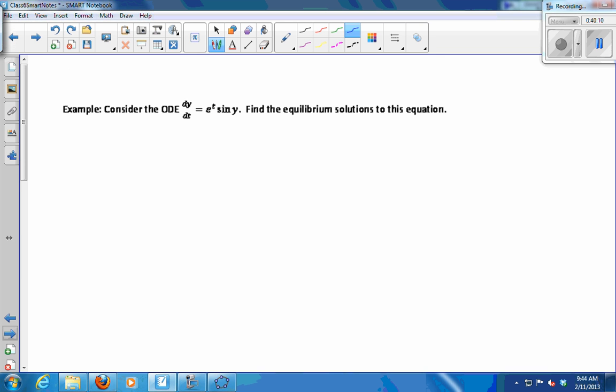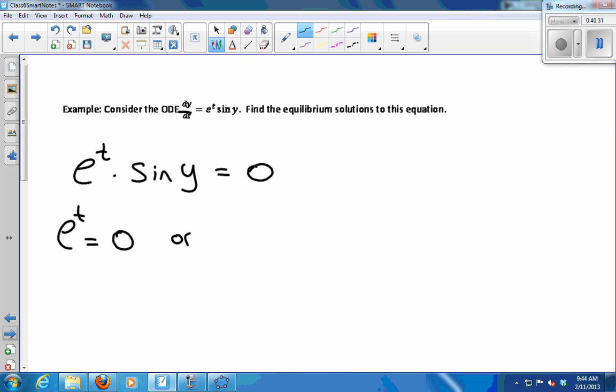So here's an ODE: dy/dt equals e to the t times the sine of y. Let's look at some equilibrium solutions. Those are places where dy/dt equals 0. So I can use the zero factor property: either e to the t equals 0 or sine of y equals 0.